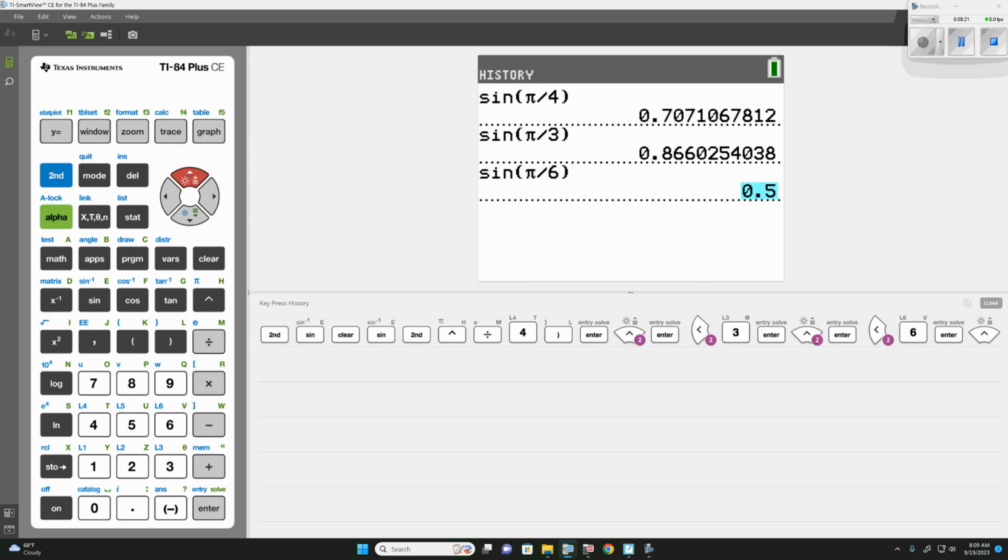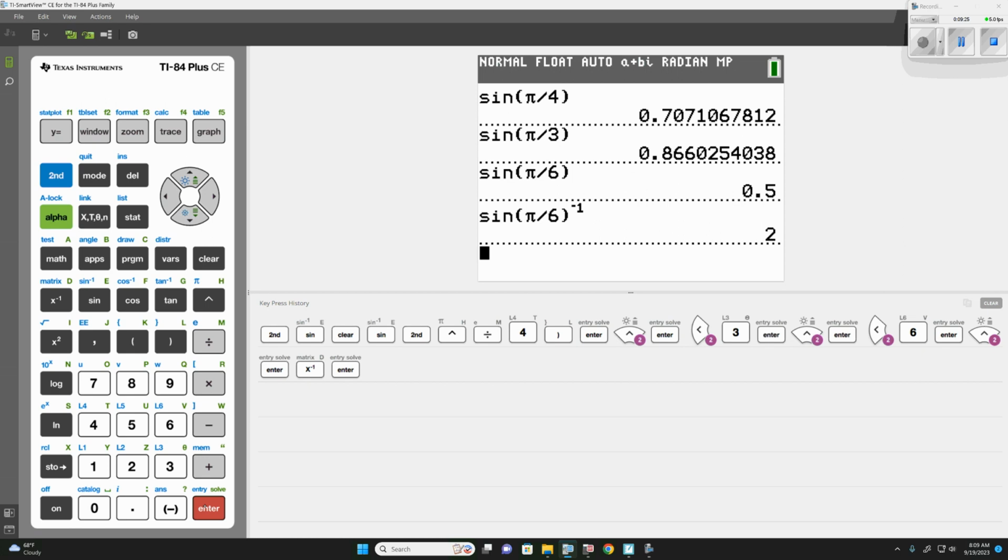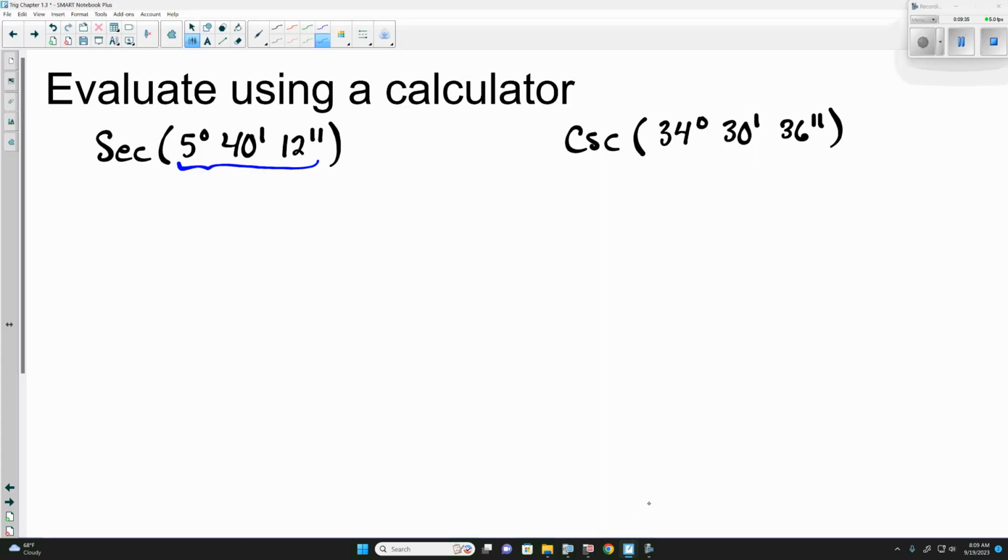So if we did instead to the -1, we do get our cosecant. So this one does work. The graphing calculator will do this mainly because it's converting it to a decimal, not a fraction.